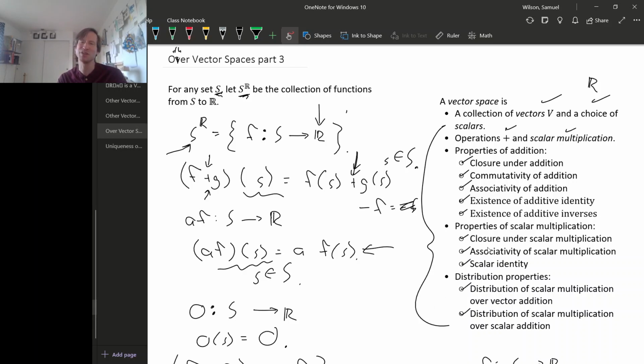Because most addition and scalar multiplication operations that you would ever define are going to satisfy most of these properties. So lots of things are vector spaces, and that means we'll be able to apply our linear algebra tools to lots of different situations whenever we have a vector space.